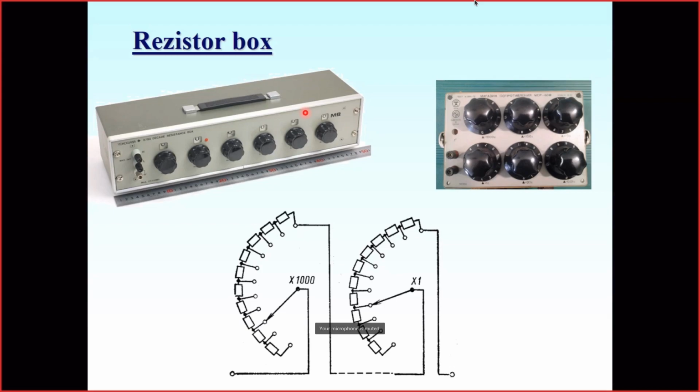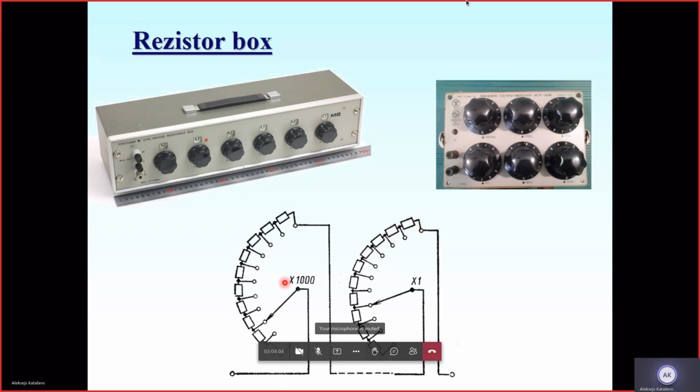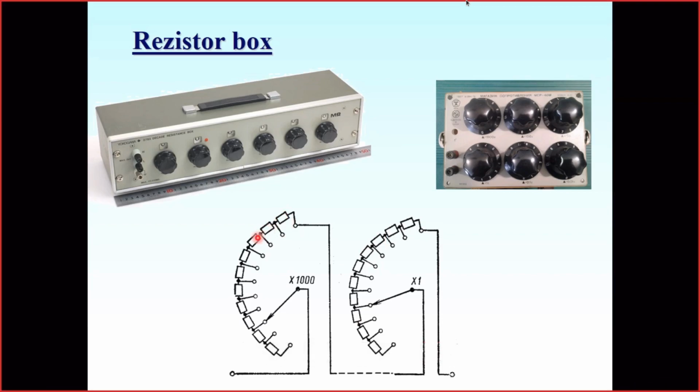They are actually designed as a series of resistors connected in series. For instance, here are resistors each of which is 1 ohm. Here are resistors each of which, for instance, is 10 ohms, and so on, 100 ohms. These switches allow us to connect a necessary number of 1 ohm resistors in series with a necessary number of 10 ohm resistors, in series with a necessary number of 100 ohm resistors, and so on.